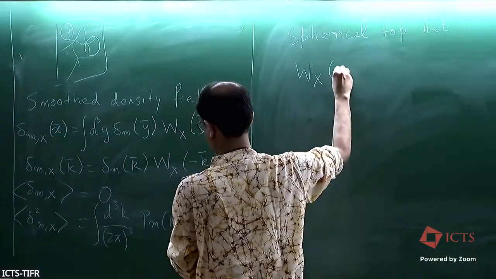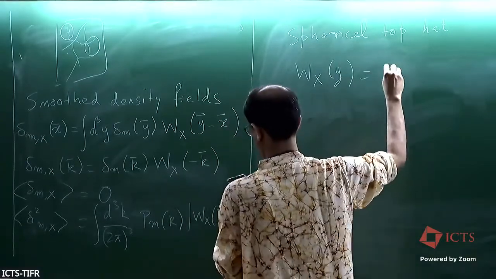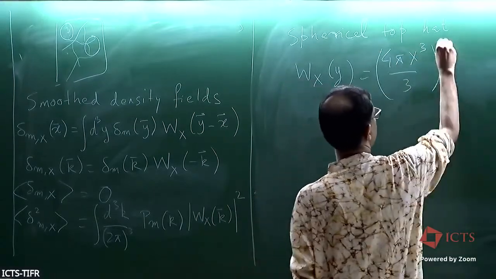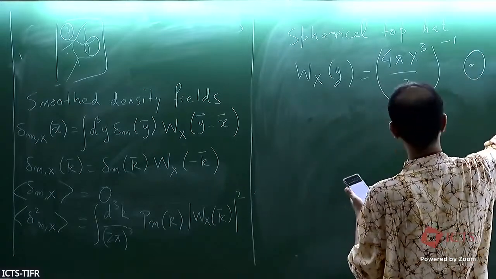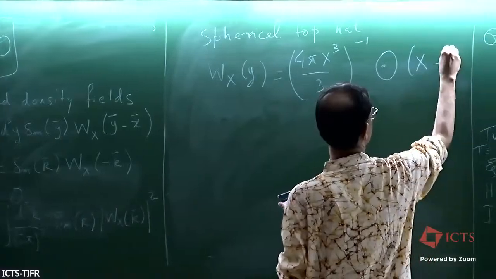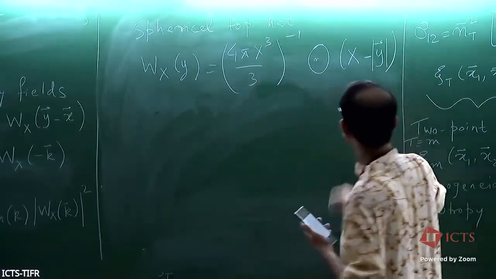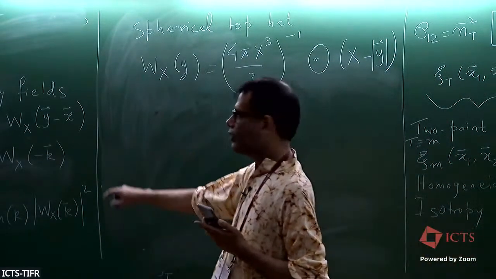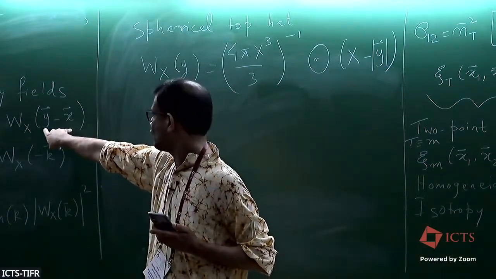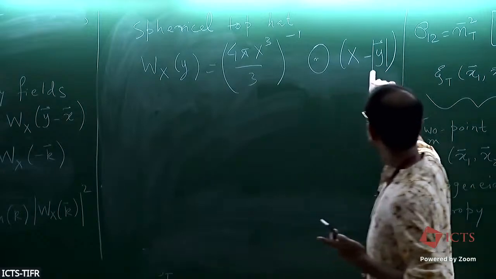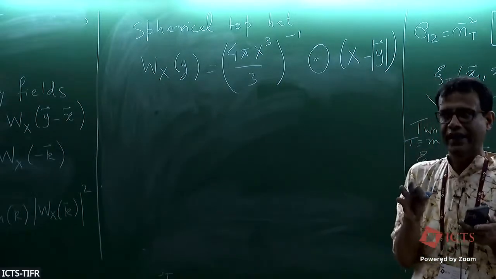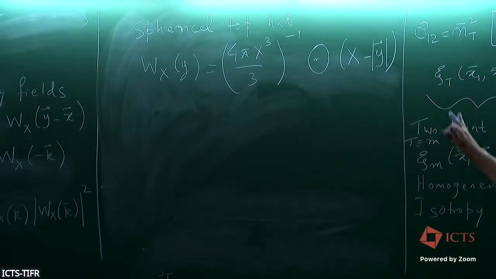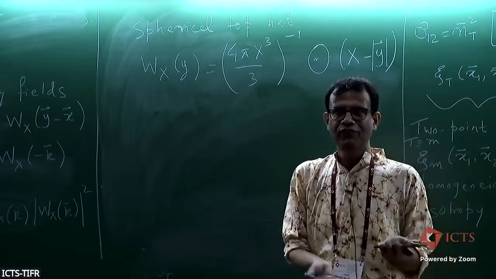This will be the inverse of the volume, just to normalize it, times the theta function, so this filter basically operates at y minus x. What we are saying is make sure this |y - x| is less than capital X. If it is less than capital X, it's a constant value. If it is outside, it is 0. So this is exactly what you do if you average over a spherical volume.